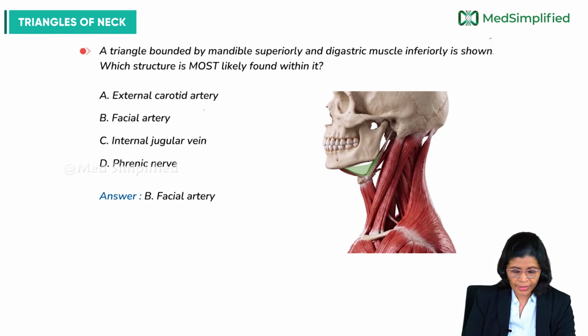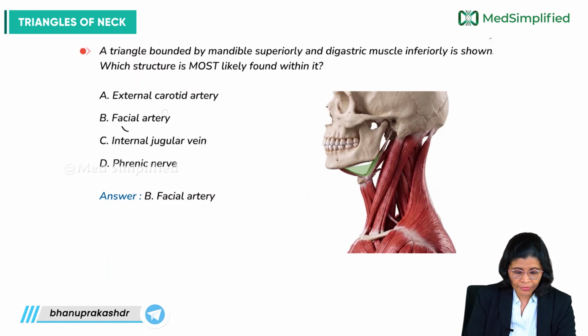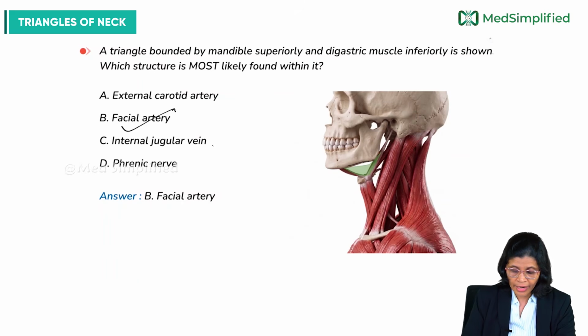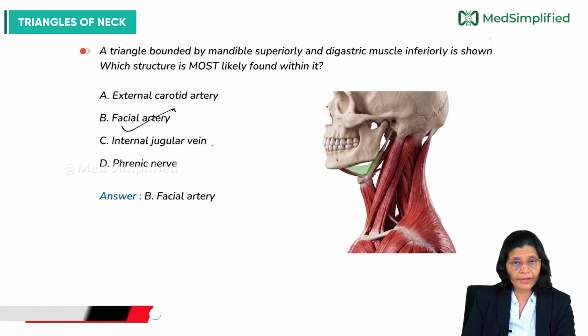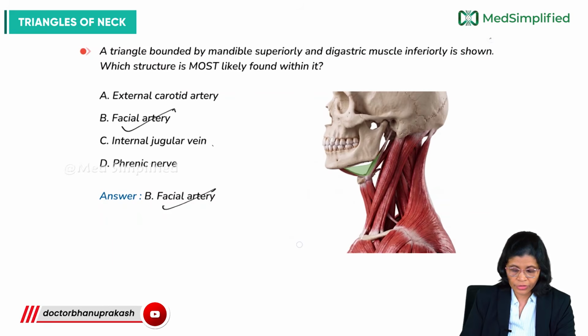The external carotid artery in the posterior part, yes, we do see, but here mainly it is the facial artery. These two we see in the most posterior part. Since they have said the mandible and the digastric, it is mainly in the anterior part of the triangle. So we choose the facial artery as the more likely choice.